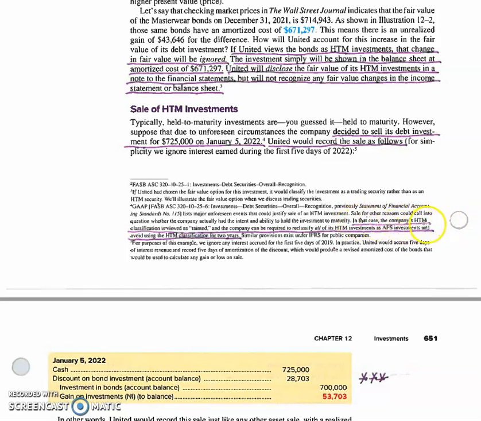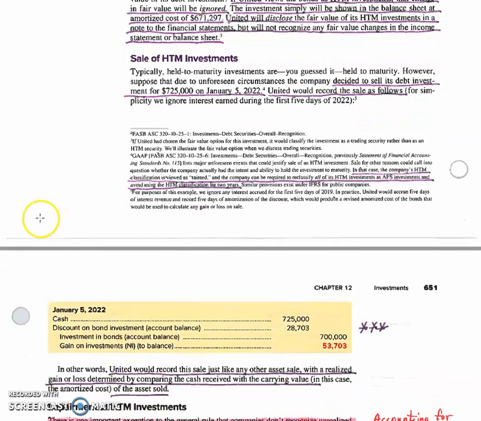In that case, the company's held to maturity classification is viewed as tainted, and the company can be required to reclassify all its held to maturity investments as available for sale investments and avoid using the held to maturity classification for 2 years. So, in other words, if you classify them as held to maturity, you better hold them to maturity.